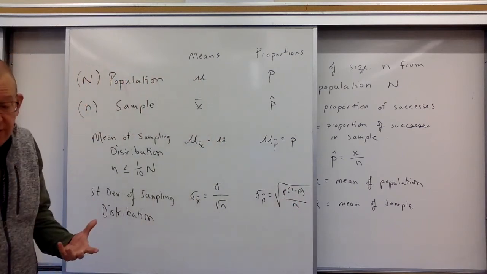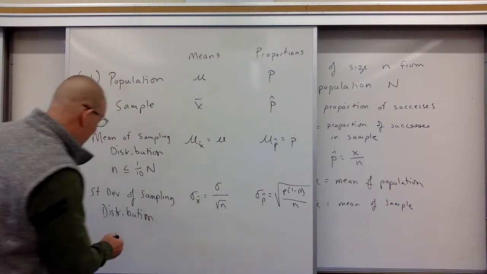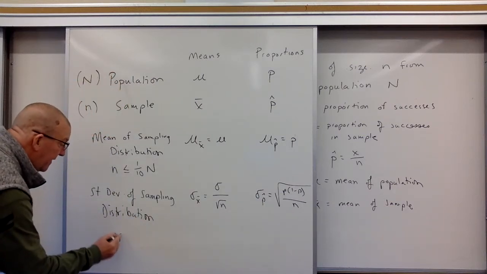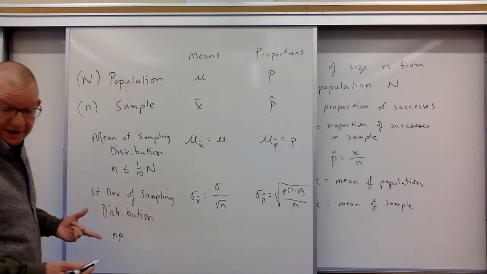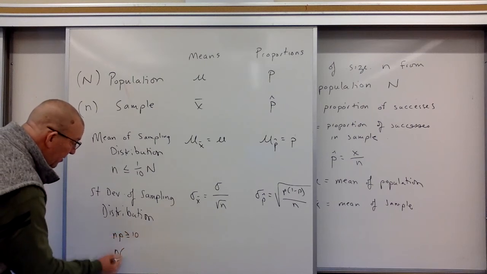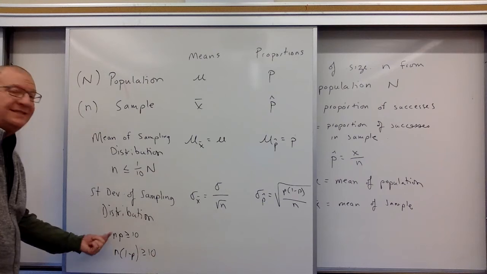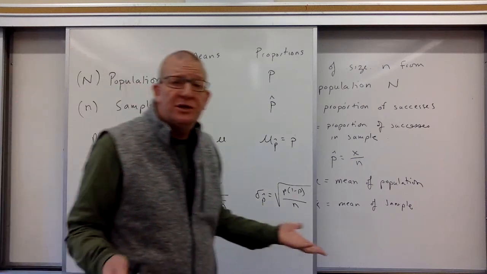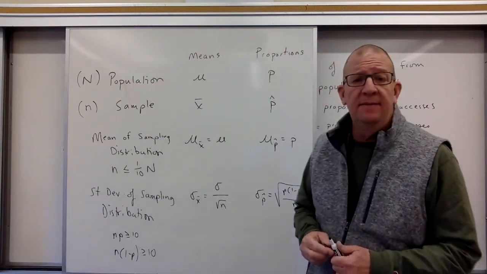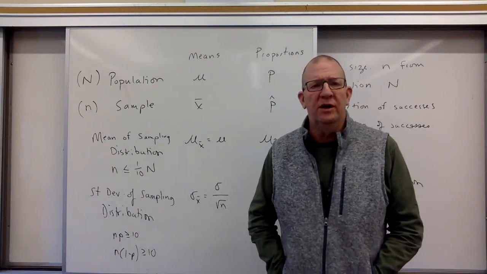Provided what now? Provided np is greater than or equal to 10, and n times 1 minus p is greater than or equal to 10. What does that mean? Well, those are just the number of successes. And so this comes back from our binomial distribution work in chapter 6.